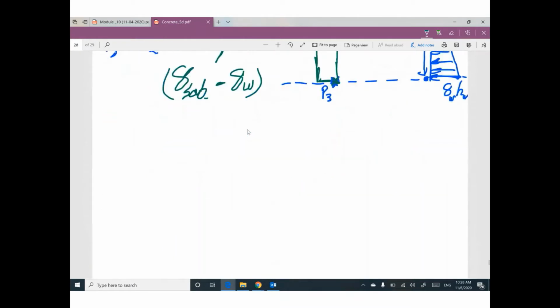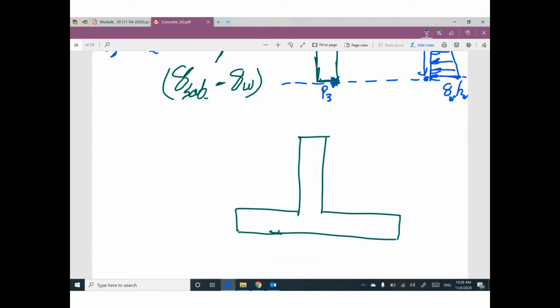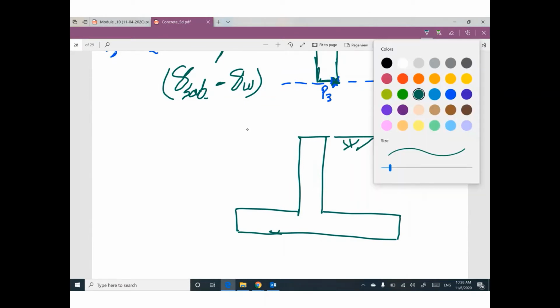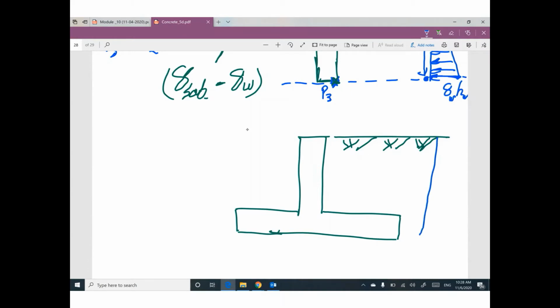If you have a retaining wall, looks like this, and we have soil, and this soil gives you this lateral pressure. And this lateral pressure can be converted to a force, F.